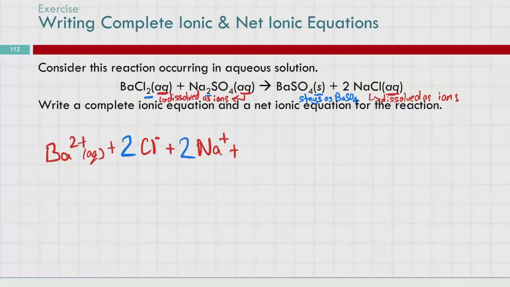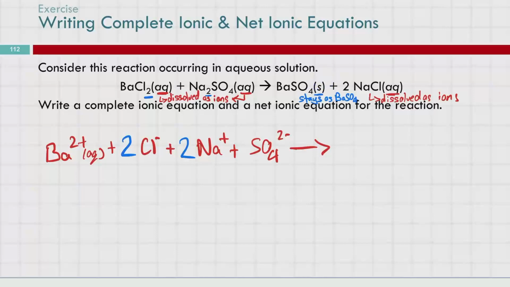What charge does SO4 have? 2 negative, because we either memorized it or we look at the 1 positive charges for the sodium. That has to balance out with our sulfate, so it must be a 2 negative. So SO4, 2-.